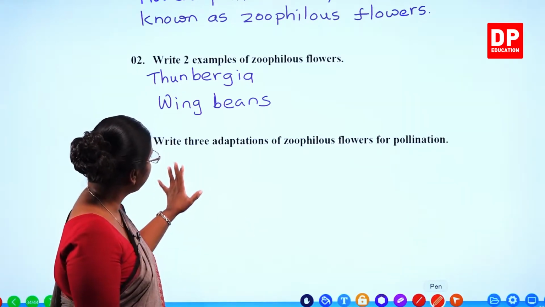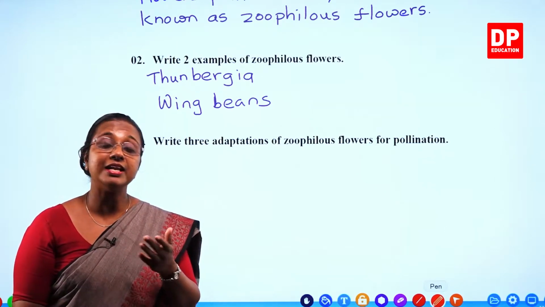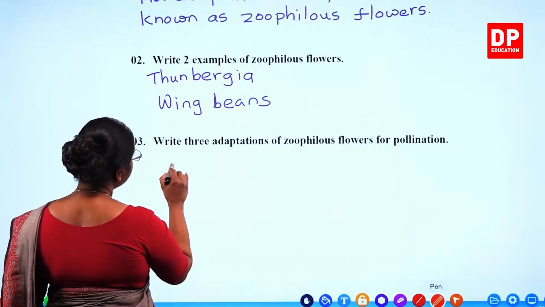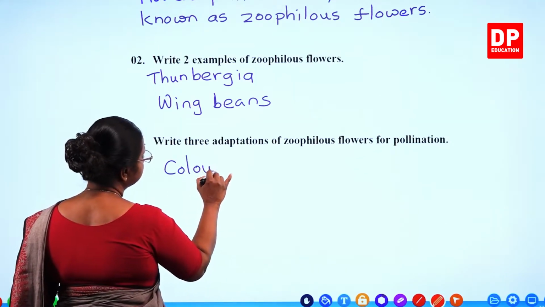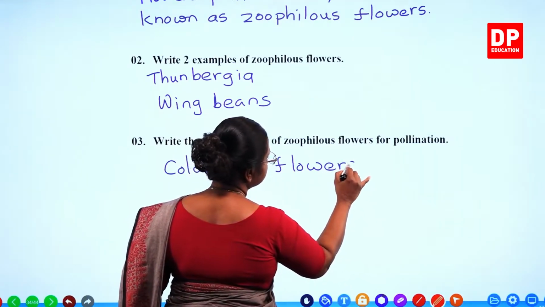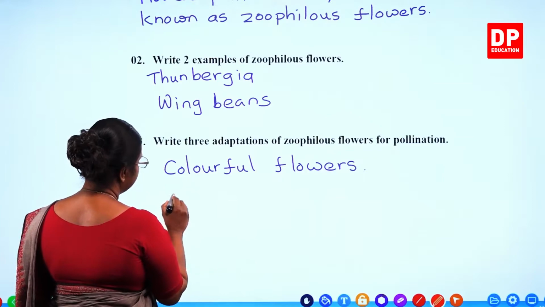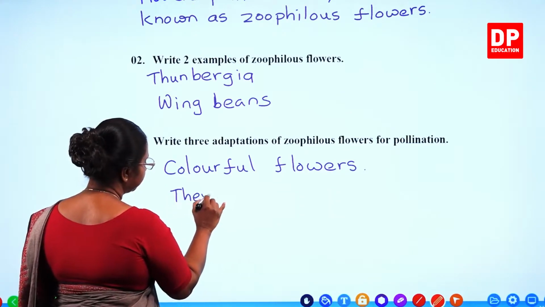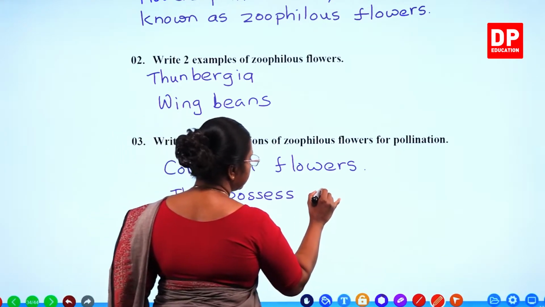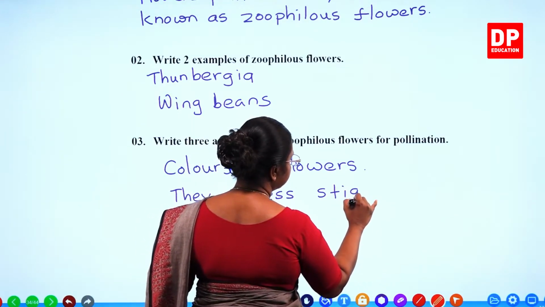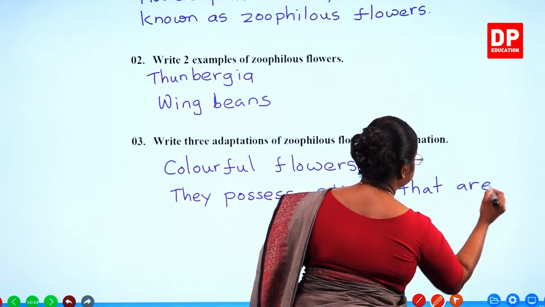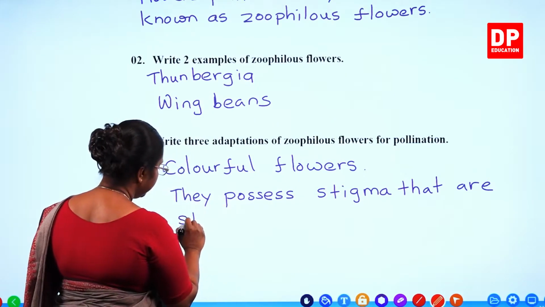If we are to write down 3 adaptations, you all can write any 3 adaptations. So here I will say colorful flowers. Then we can say they possess stigma that are sticky in nature.